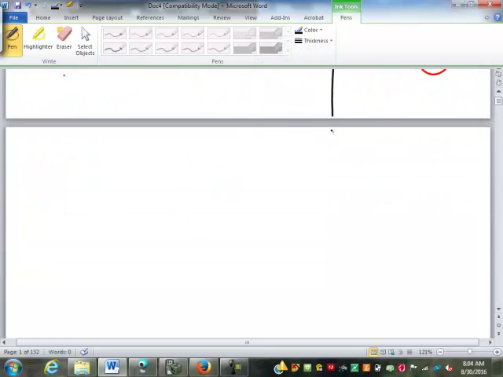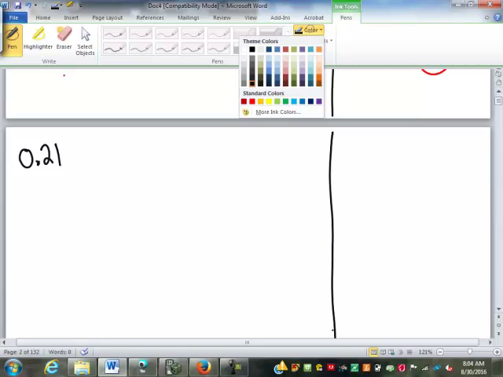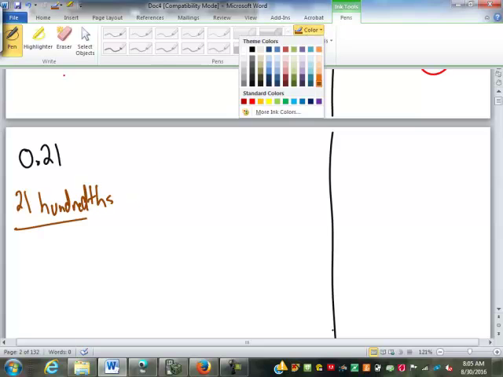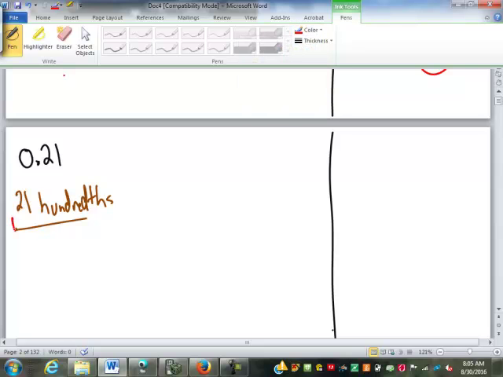Let's keep going. Let's look at another form of number, our decimal. So 0.21. The formal way of pronouncing that would be 21 hundredths. Good. Well, written out like that, it's pretty obvious what's the count and what's the name.